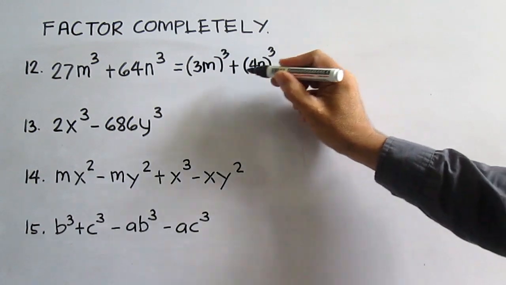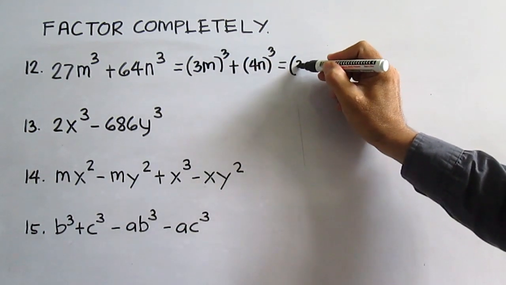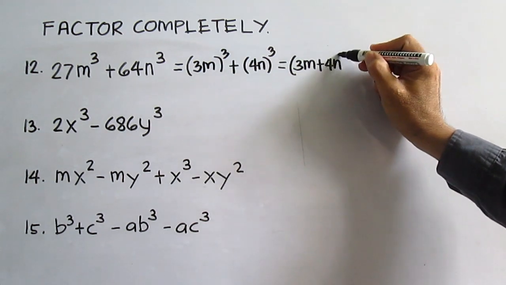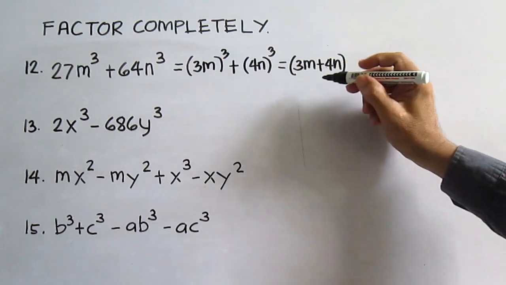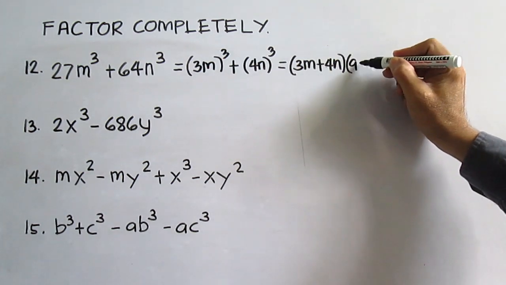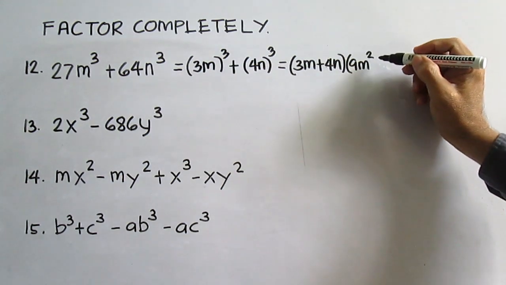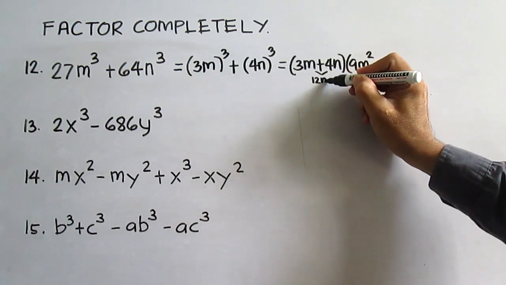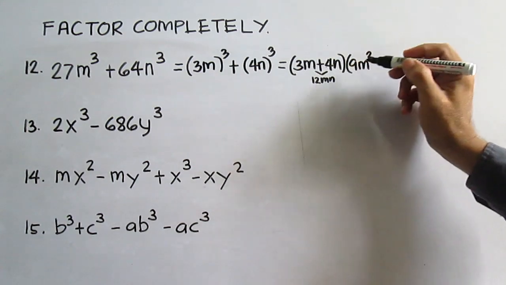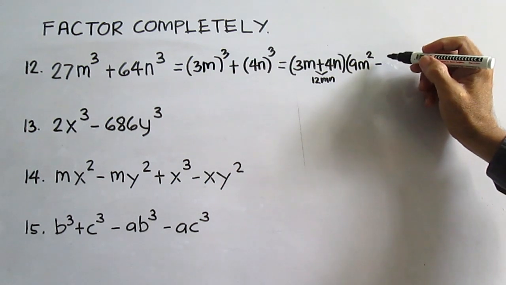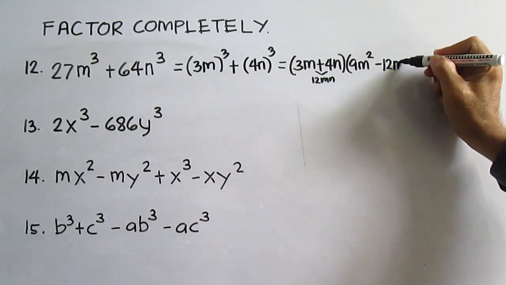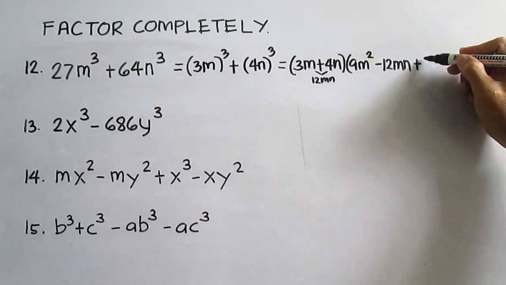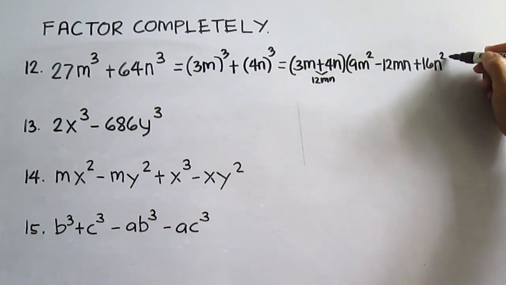And this is equal to the sum of the base, 3m plus 4n, and using this factor, square the first term, 9m squared, multiply the first term with the second term, this is 12mn, write the opposite, minus 12mn, plus the square of 4n, 16n squared.